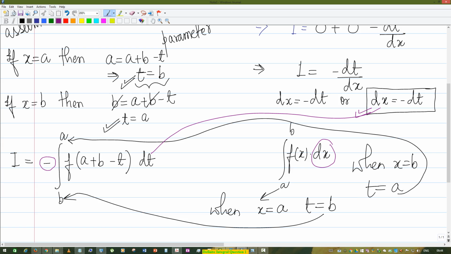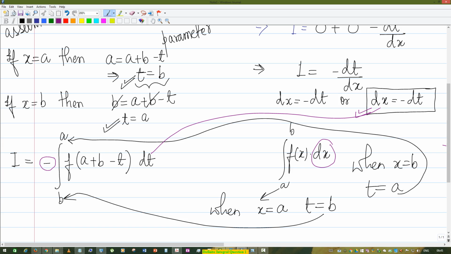It is self-understood that if there is no sign, then it is a positive sign. But if there is a negative sign, we need to show it clearly. So there is a negative sign, and we have taken it out of the integral.